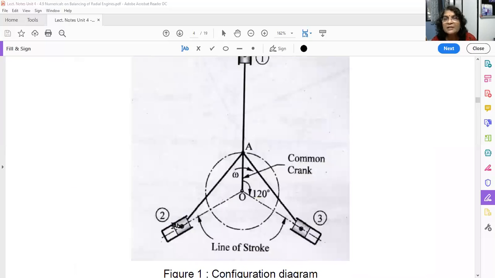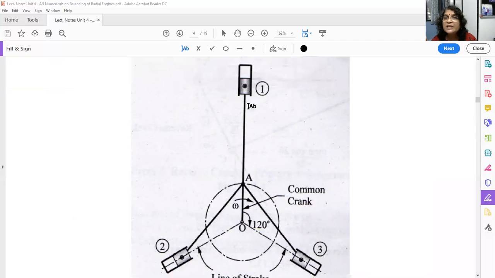So this unbalanced mass m/2 should be kept here, and for cylinder number 1 also, whatever unbalanced mass m/2 is there, that also we have to keep here. Now tell me, for cylinder number 1, by what angle should we rotate this line of stroke so that it is put at A, that is the crank pin?